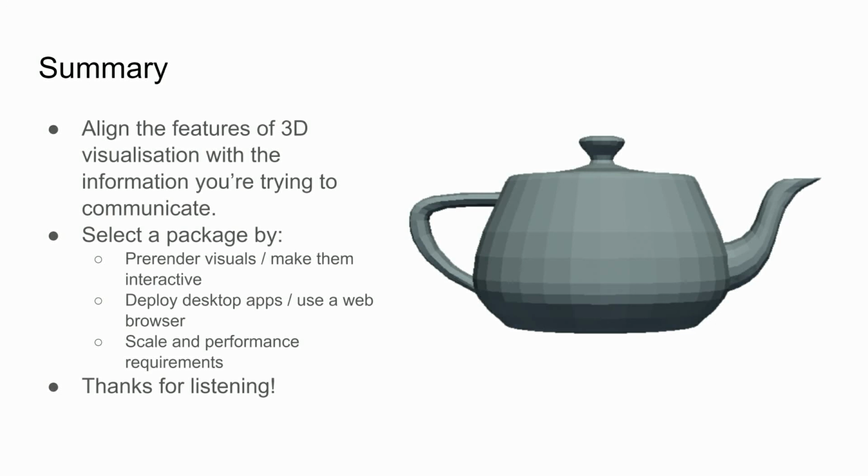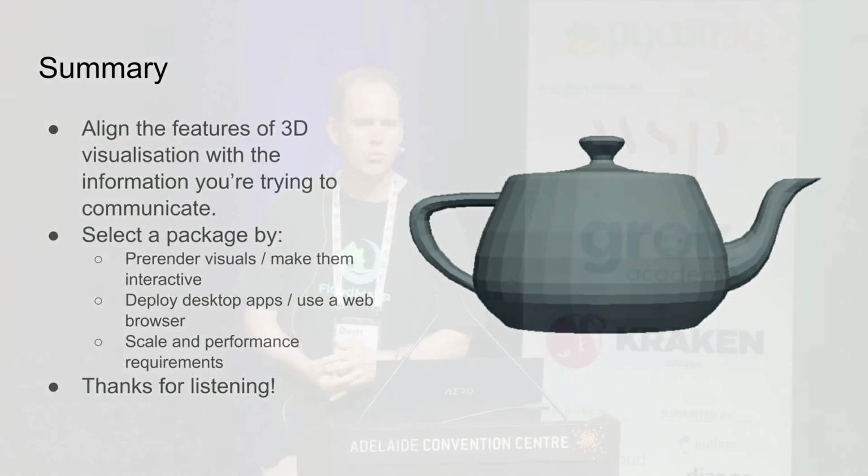Also think about your deployment story, whether you're deploying to a desktop application or whether it has to be browser-based. And lastly, think about the scale and performance requirements. If you need to render a scene that's particularly realistic or has very complicated 3D geometry, you might be inclined to look more at those packages that tie closer to the newer 3D platform APIs.